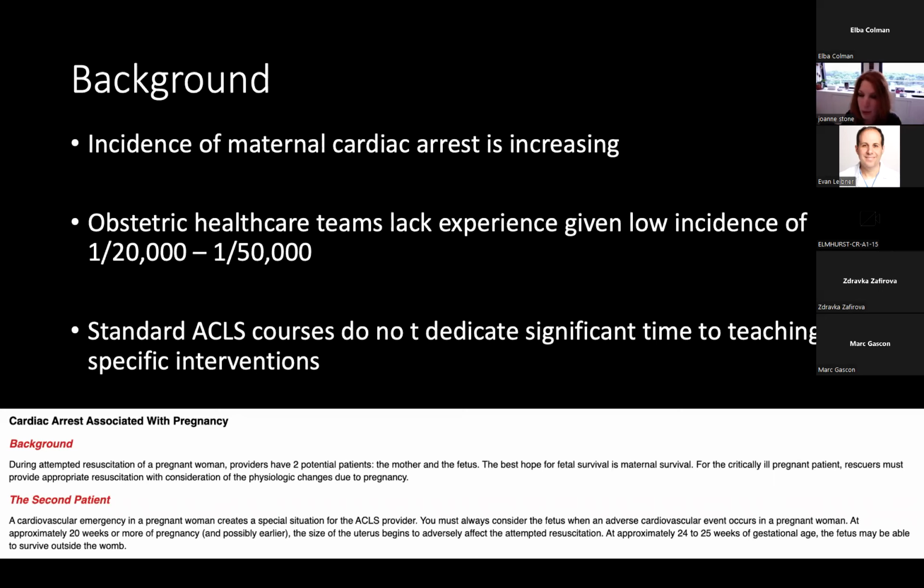If you take a standard ACLS class, there's often little time dedicated to pregnancy, but if you look at the materials, then you can really find the information on changes in pregnancy.